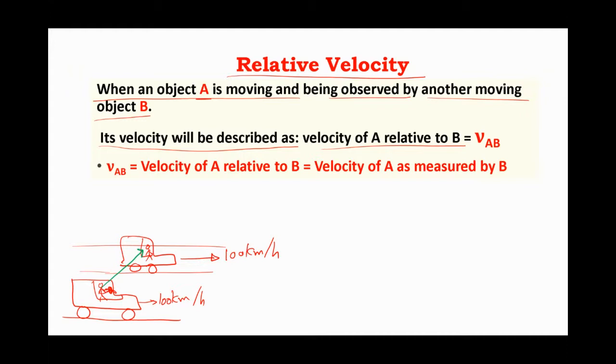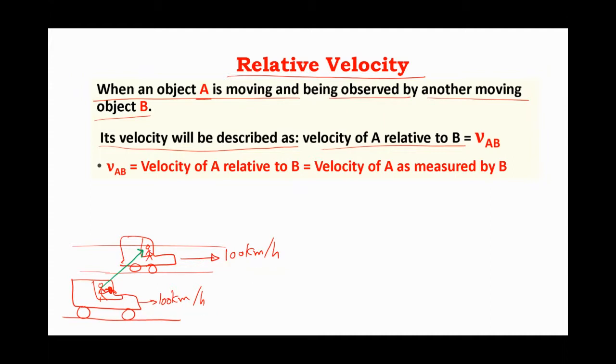What will you say? Relative to yourself, it has zero speed. It's not moving. You imagine that the other car is not moving because you are describing the motion of the other car relative to yourself or relative to your car. But the real situation is different. The real situation is both cars are moving at 100 kilometers per hour.